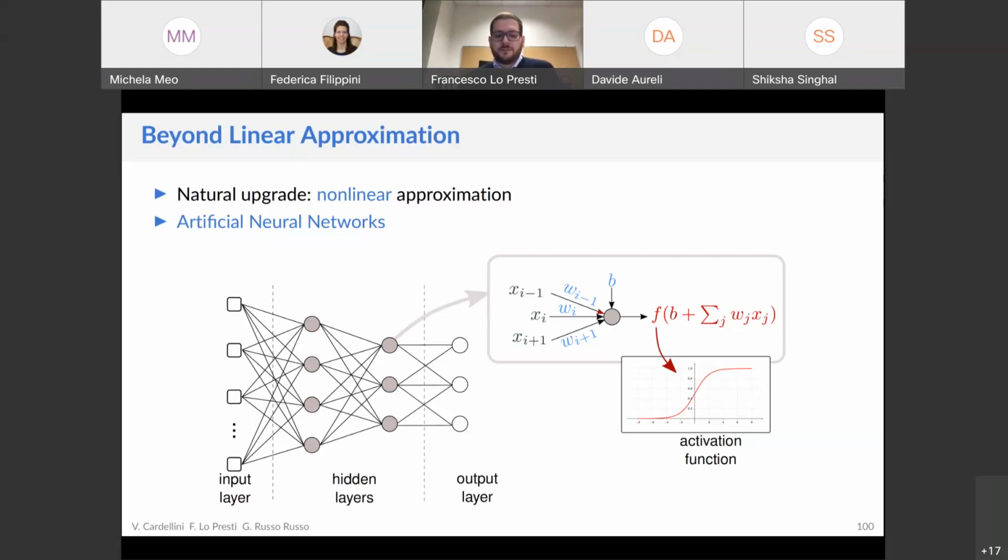Each neuron in the network uses an activation function that is a nonlinear function of its inputs to produce an output, which is a real value. And in the network, the output of each neuron is used as the input for neurons that are in the next layers of this network.